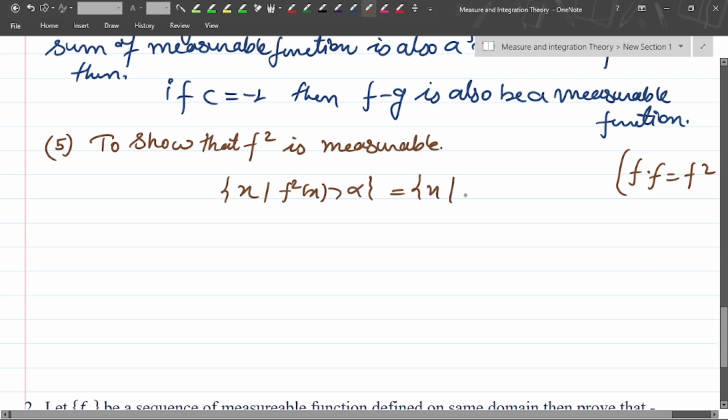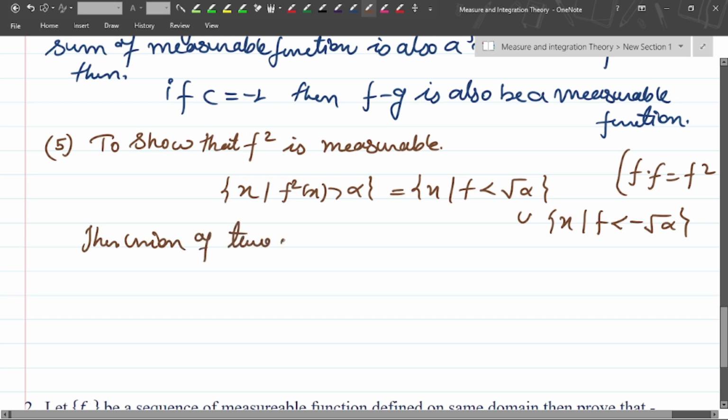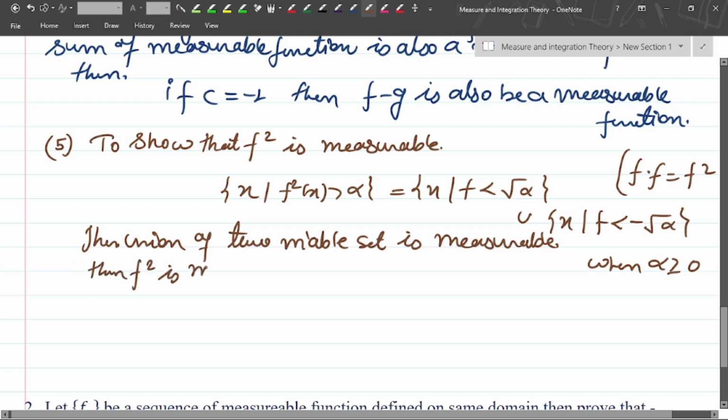So it will be x such that f is less than root of alpha, or basically the union of x such that f is less than minus root of alpha. So it is the union of two measurable sets, which is measurable. This is when alpha is greater than or equal to 0. For every alpha belonging to this, f squared is measurable.